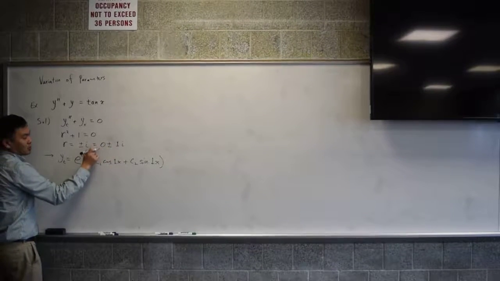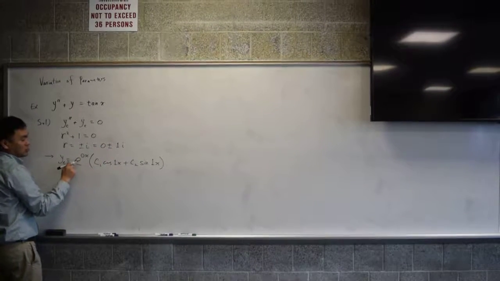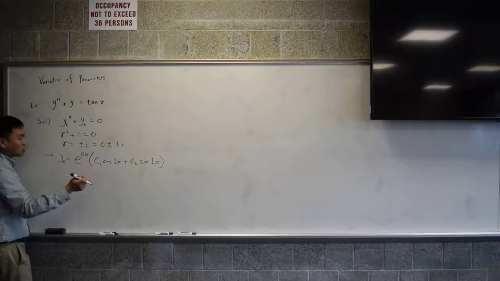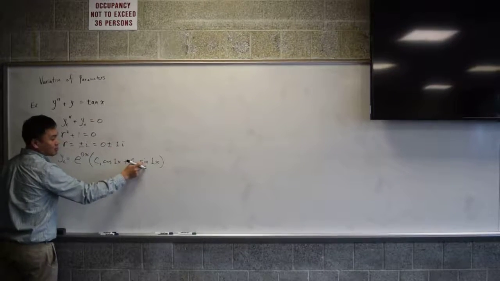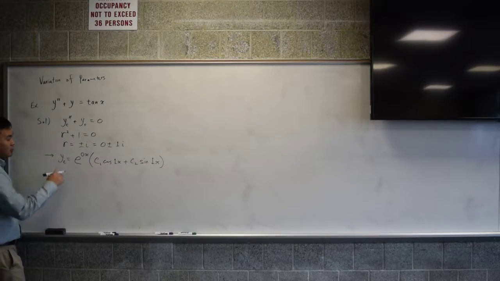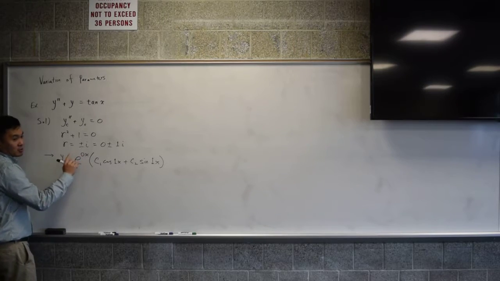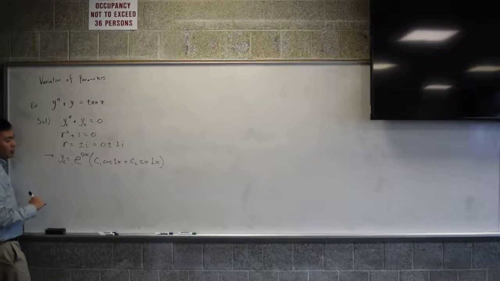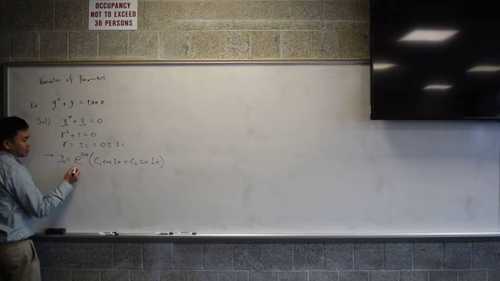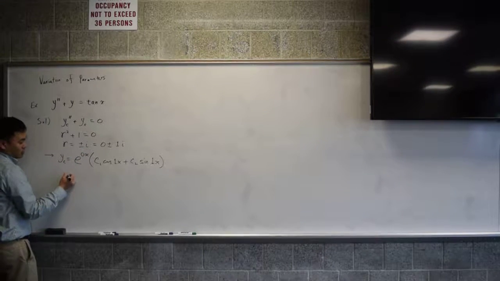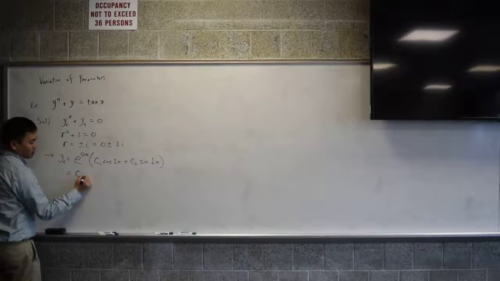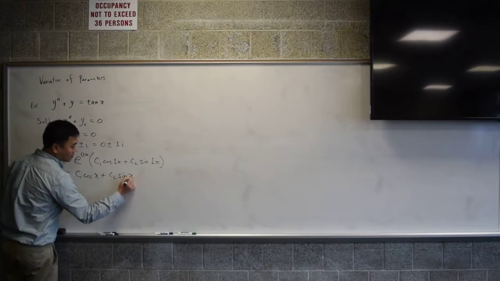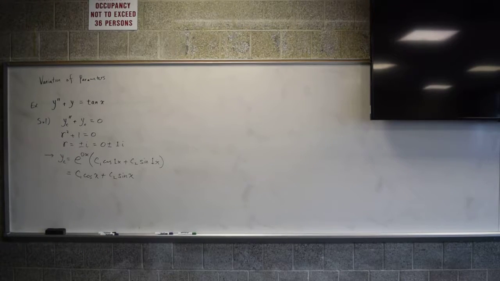If it's a plus minus bi, it should be e to the ax times cosine bx, and the second one is e to the ax times sine of bx. Because they both have e to the ax as common, usually you pull that out. You write down your complementary solution that way. For our case, it's really simple because e to the 0th power is 1. So it's simply c1 cosine x plus c2 sine x. That's the complementary solution.